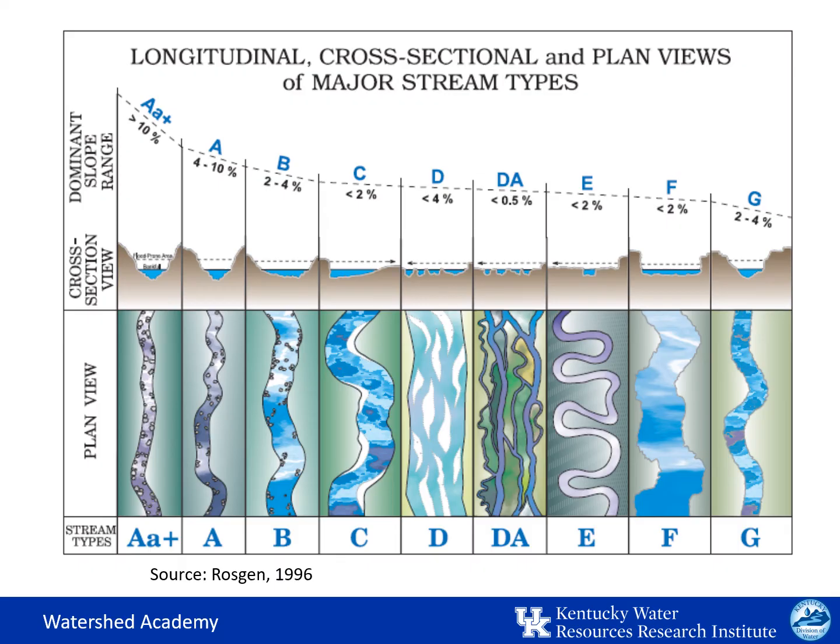So identifying stream types helps to predict the stream's behavior in terms of erosion potential, sensitivity to disturbance, and other factors. Stream types do not imply that any one is better than another. For instance, an AA+ stream is not better than a D, E, or an F stream. It's not like an academic grade that you receive. These are just variations of the type of channel that may occur in an area.